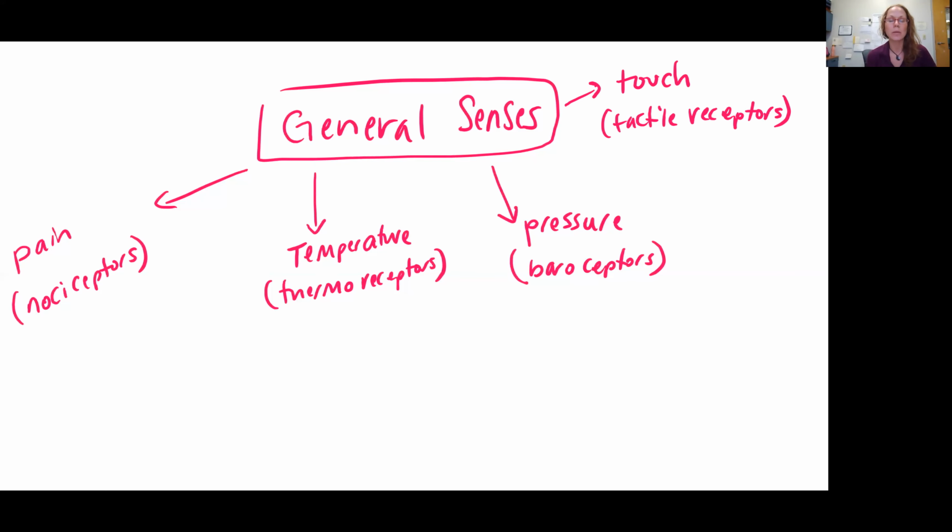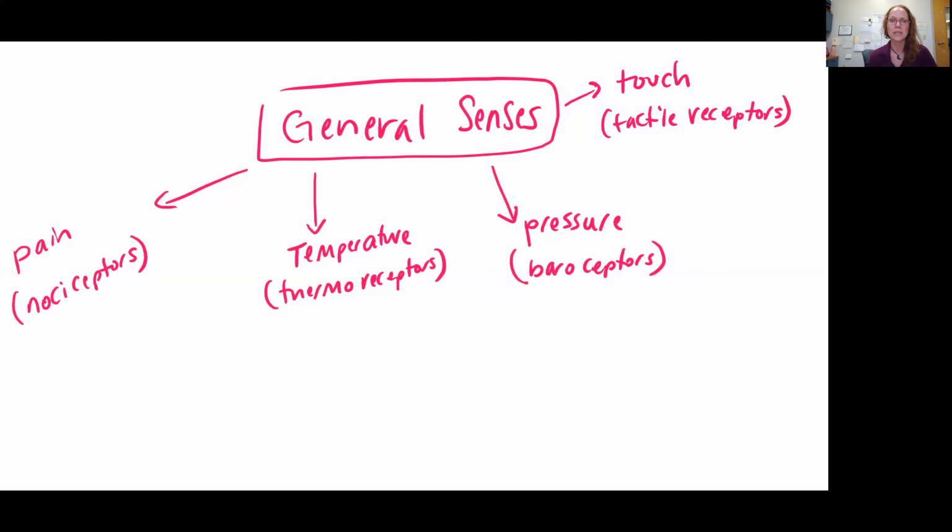Now we're going to be talking about fine touch and crude touch in our conversations. Fine touch is described in our text as that detailed touch that allows you to read Braille, so being able to not just identify that the surface is bumpy, but that it's bumpy in a particular pattern, whereas crude touch is more like the sensations you're getting from maybe your arm or the back of your body.